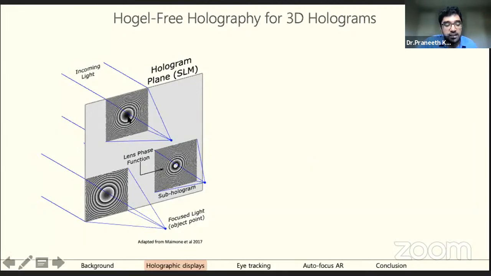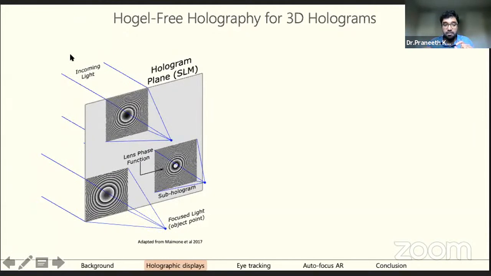So you can treat all of these sub holograms as tiny lenses. If parallel light is incident on a lens, this lens is going to create a focus point, and based on the focal length of this lens, you will create the focal points at different distances. So now imagine you have tiny lenses.